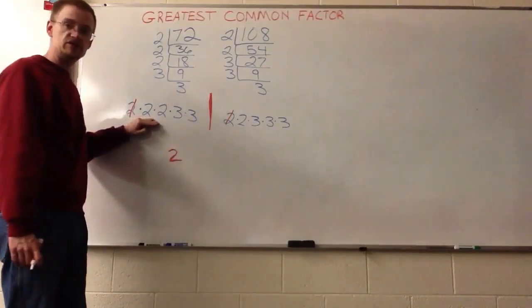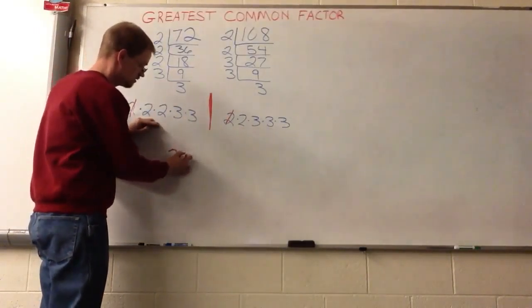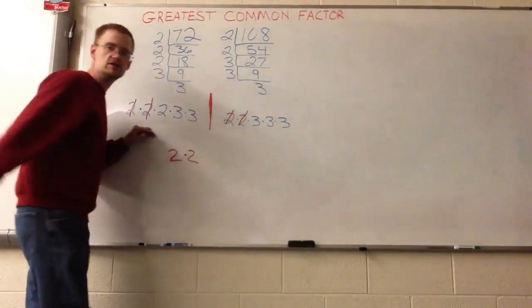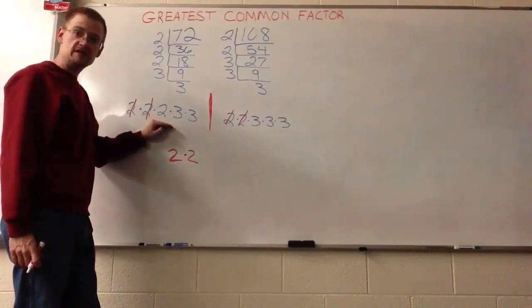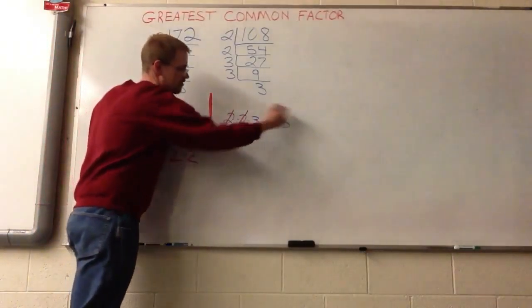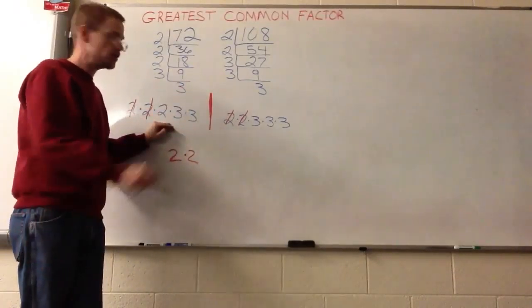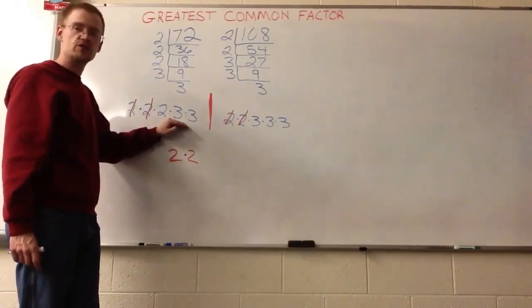Well, I still have a 2 here and a 2 here, so I've got another 2. So we'll take it times 2, we'll cross off another 2. All right, I've got a 2 left here, but notice that I don't have a 2 left over here. I don't have something in common to both of those lists, so I cannot write this 2 down. I go to my next number, a 3.